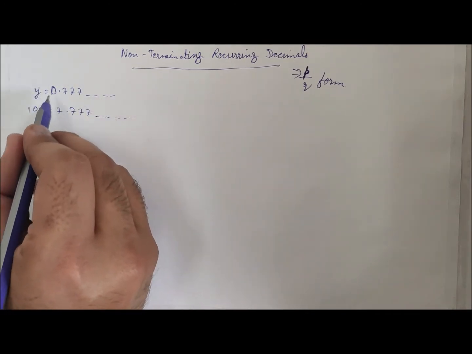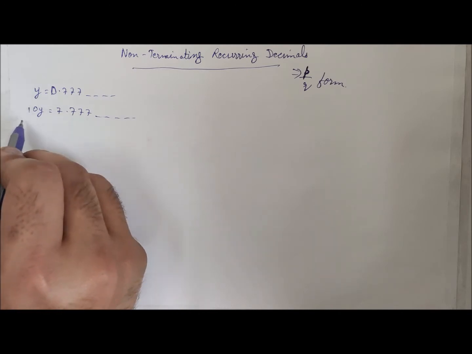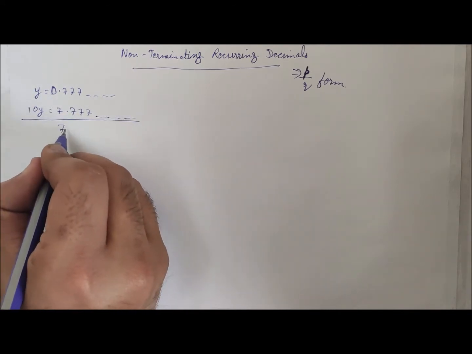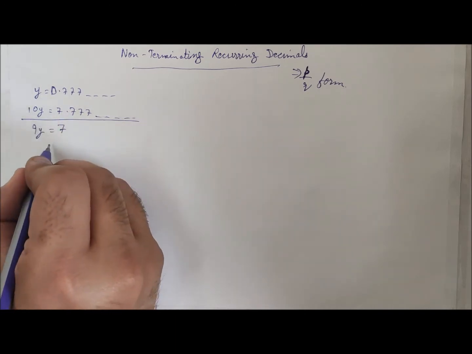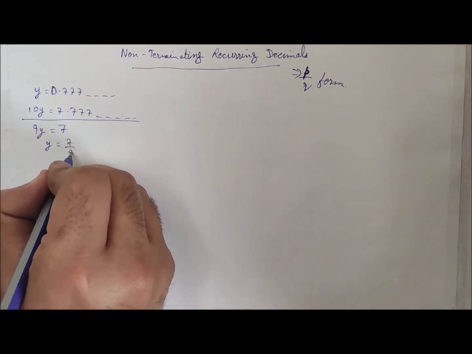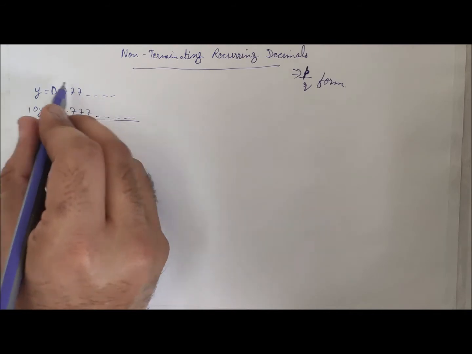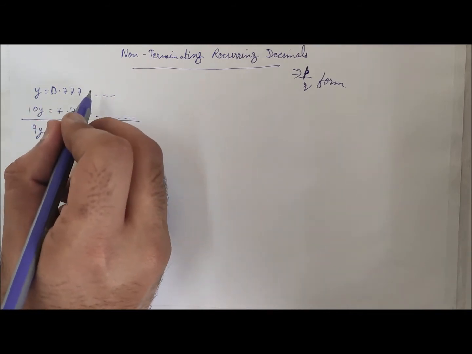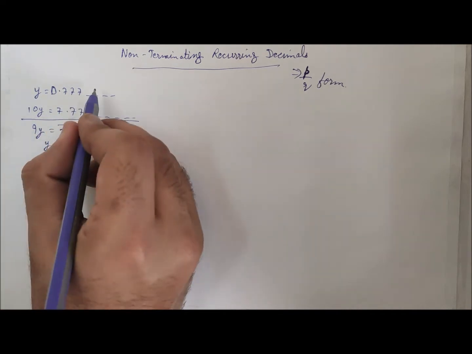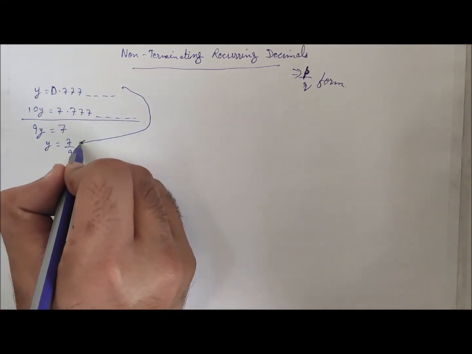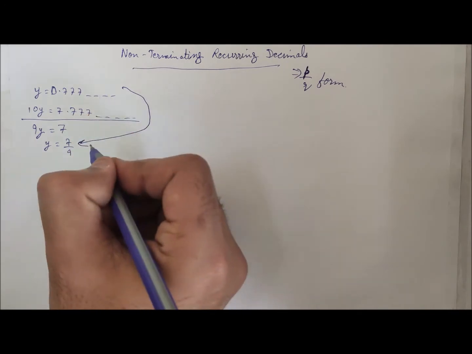Now if I subtract the first equation from the second, I'll get the number 7 on the RHS. On LHS I will get 9y, which gives me the answer y is equal to 7 by 9. So y was equal to the number that was our question, and y is equal to 7 by 9. So these two are equal. That means the p by q form for such a decimal is 7 by 9. That means we have reached our answer.